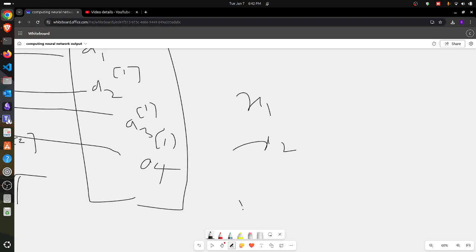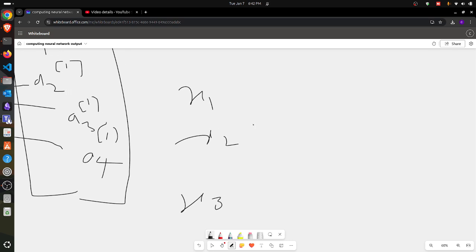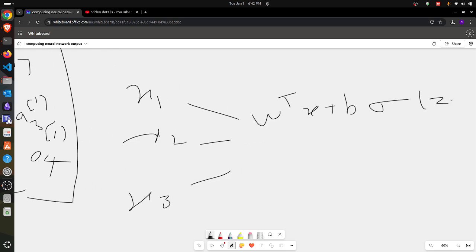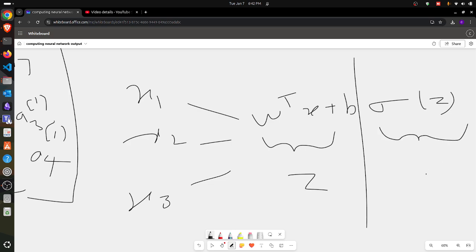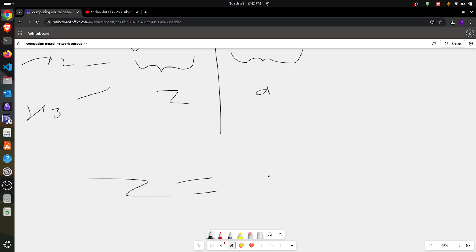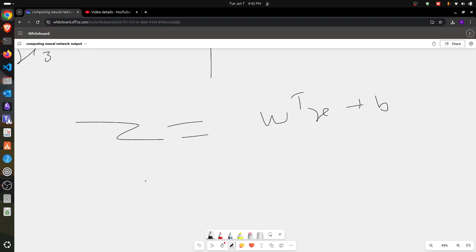So x1, x2, x3 is going to give us W transpose X plus B, then sigmoid of Z. We have this thing as Z and this thing as A. So Z is equal to W transpose X plus B, and A is going to be sigmoid of Z. That's how it is going to look.